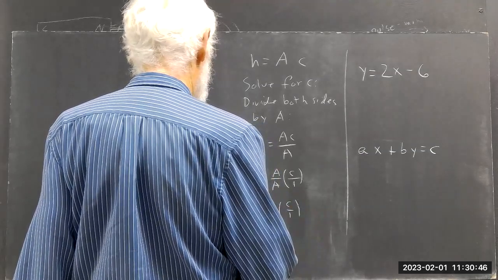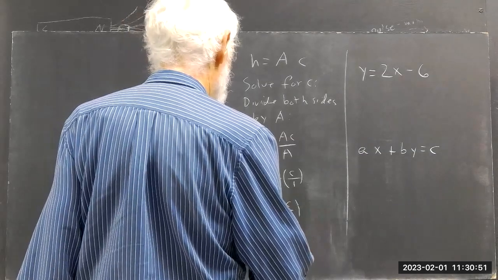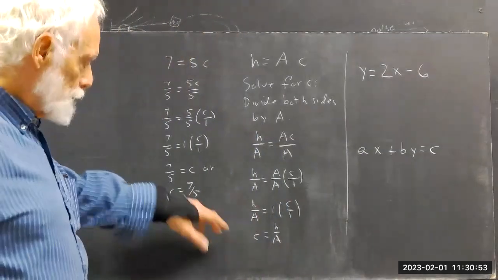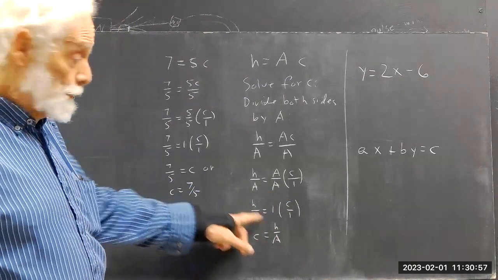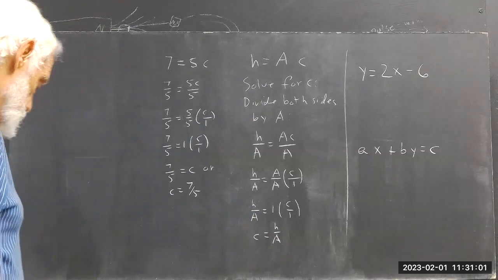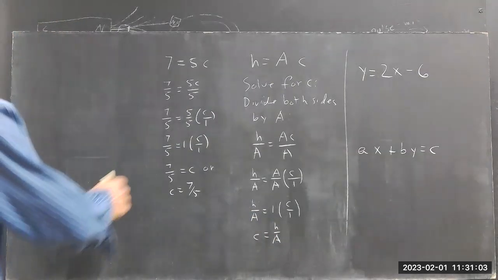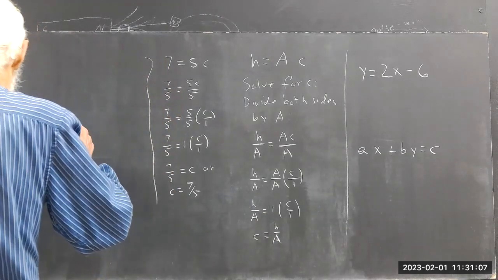So now you kind of reverse sides. This gives you C. Well, I'm going to write this side over here. Okay. So let me give you one. Let's see if we can apply this principle. Okay.